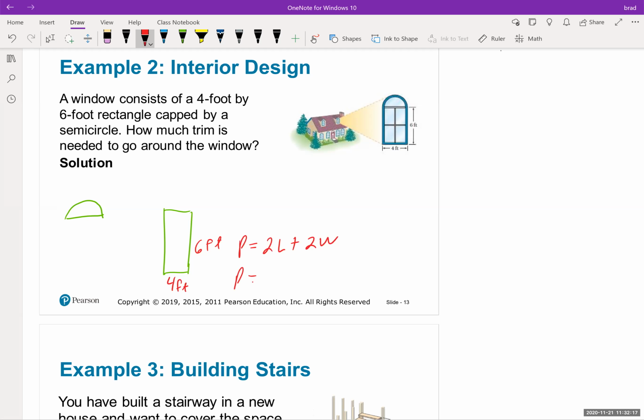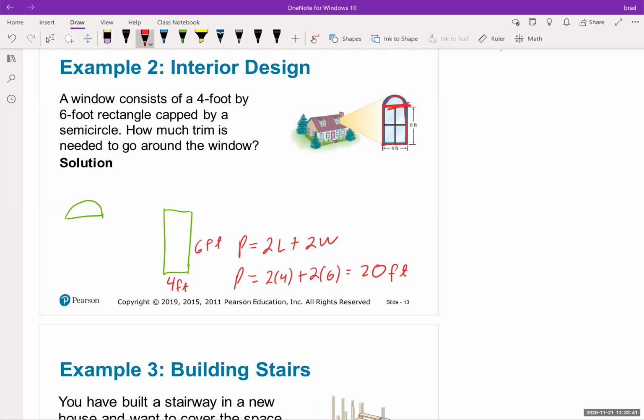Then I would say perimeter equals 2 times 4 plus 2 times 6. So this would be 8 plus 12 is 20. So we would want to say that for this particular part of the window, not the top half, it's 20. However, do you notice that we go around the shape, right?